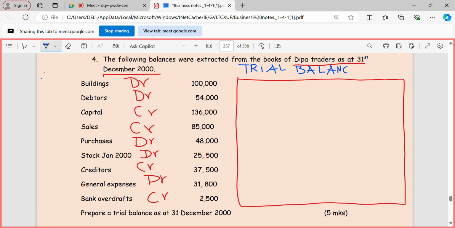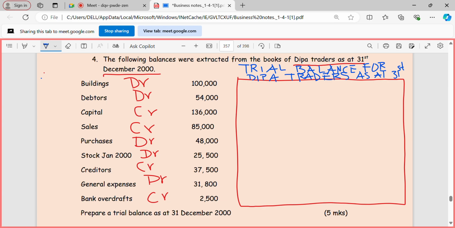So you draw a rectangle neatly in the exam. You use a ruler to ensure that it is shaped nicely and well. So ensure that you have something that is nice. Then you write the title there. The title, we can get it from the question. So trial balance, you can write in capital letters, there's no problem.